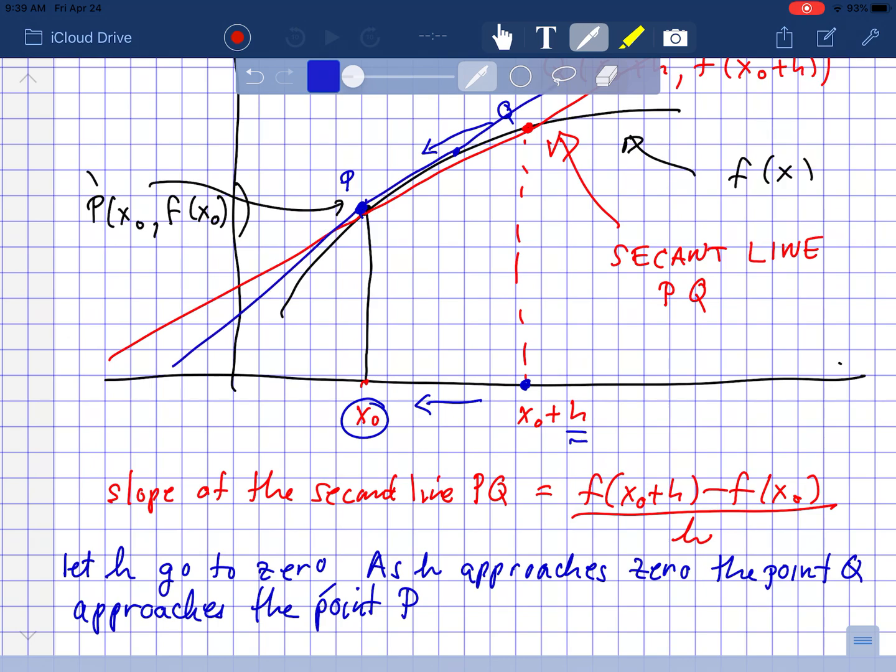All right, so as it does, I'm going to draw another line here. As it does, we get a family of secant lines. We'd have a family of secant lines that would look something like this.